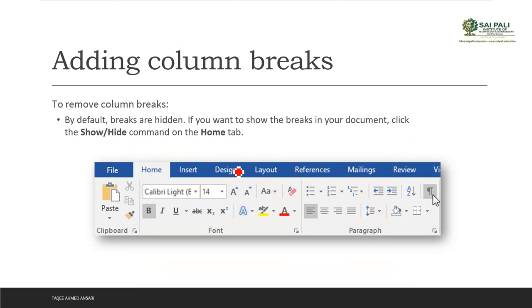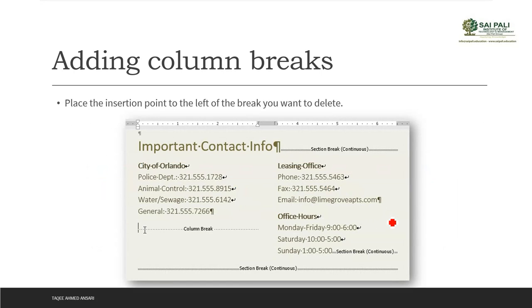Now if you want to remove those section or column breaks, then again you have to enable the show and hide option from the home tab. Then you can see that column break here. Then you just put your insertion point there and press the delete key.